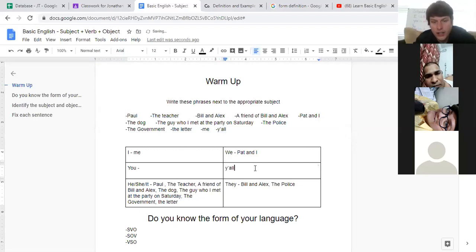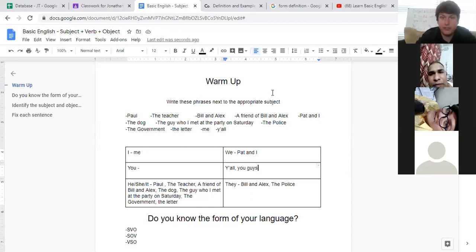You're close. This is the closest way we have to do second person plural in English. So you can say y'all or you guys. Y'all is not considered proper or formal English. This is considered slang, but these phrases are the two closest things we have to second person plural in English.